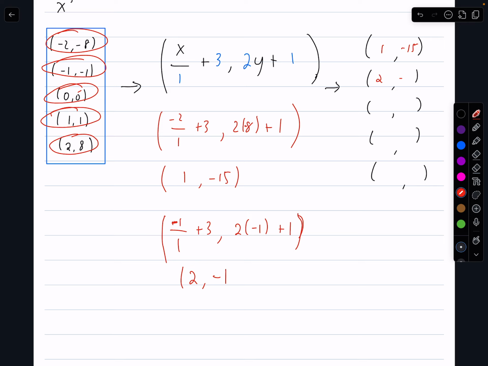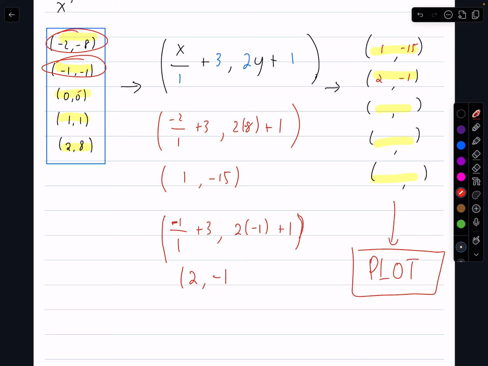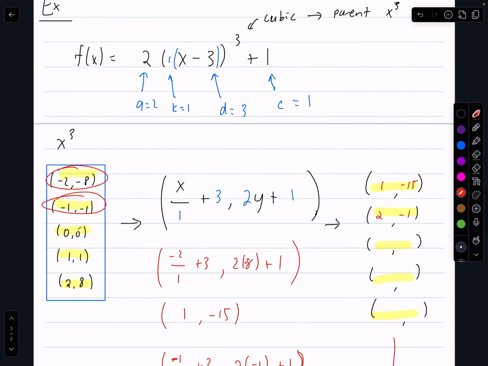So that's going to be my next point. Notice how I'm doing this for each of these points, and using my mapping rule generator, I'm getting new points. I'm literally going to do it for all 5 of these points. And then once I get all 5 of these points, all I'm going to do is plot, and then I connect the dots. That's pretty much all we've got to do.